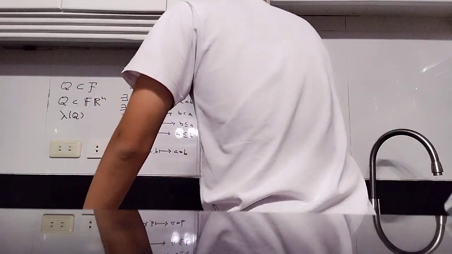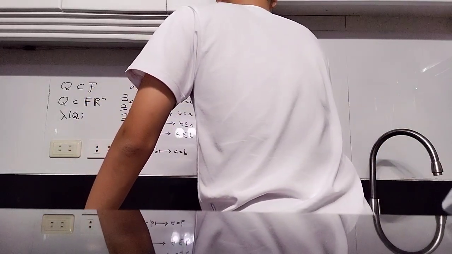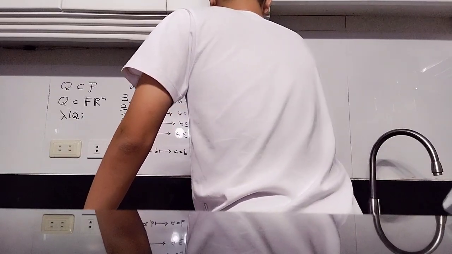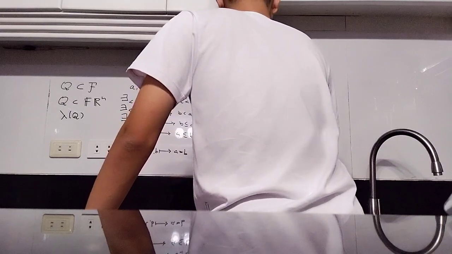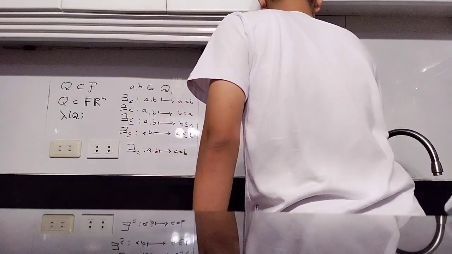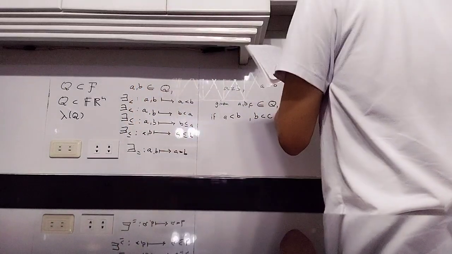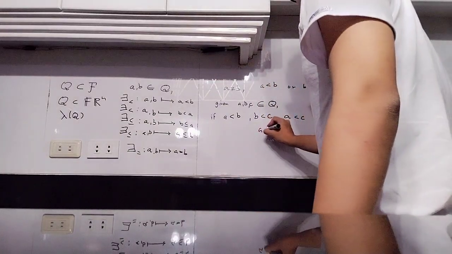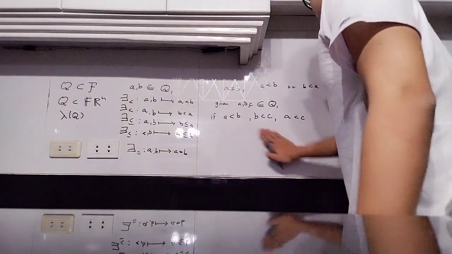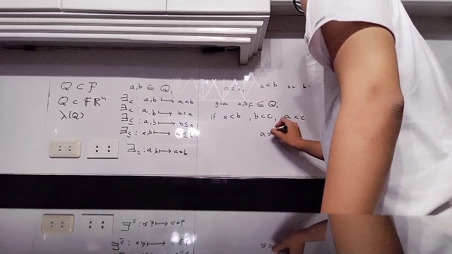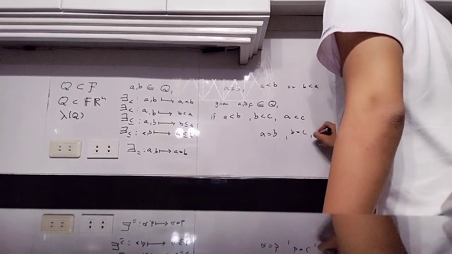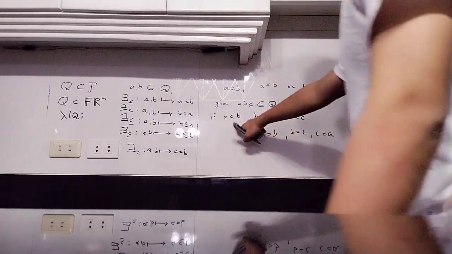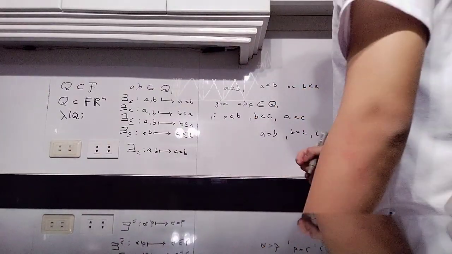I have three elements now, given A, B, and C inside Q. If A is less than B and B is less than C, then A is less than C. Just like how if A equals B and B equals C, then A is equal to C, the same thing carries on with the inequality relation.